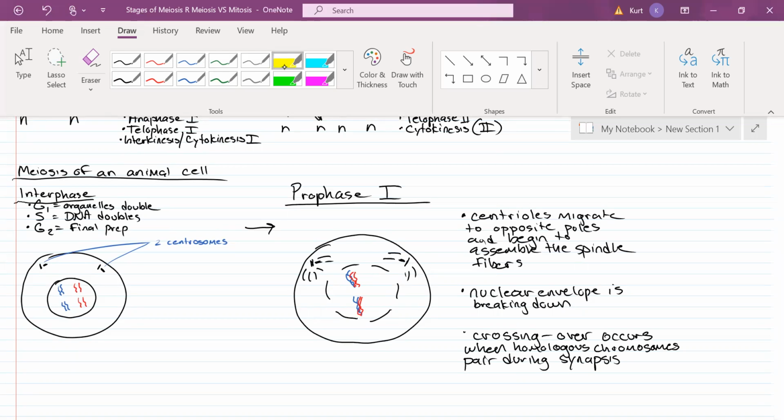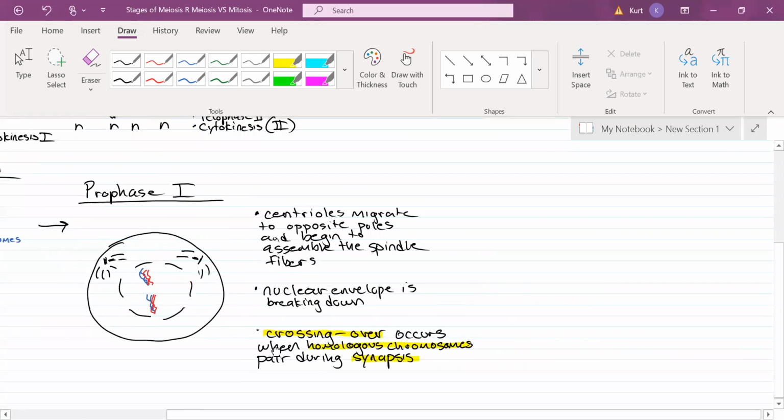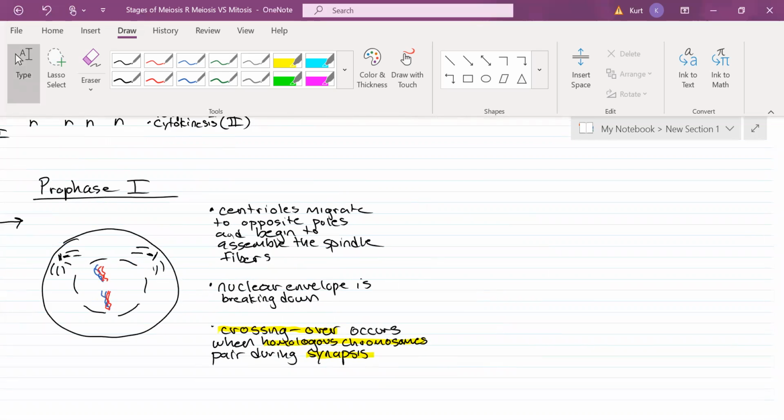So there are some vocab words here, guys, from the last video. You have crossing over, homologous chromosomes, and synapsis. If you don't know what those are, be sure you go back to the previous video and learn that. Okay. And also the DNA is condensing. So obviously, the chromosomes are now chromatids.